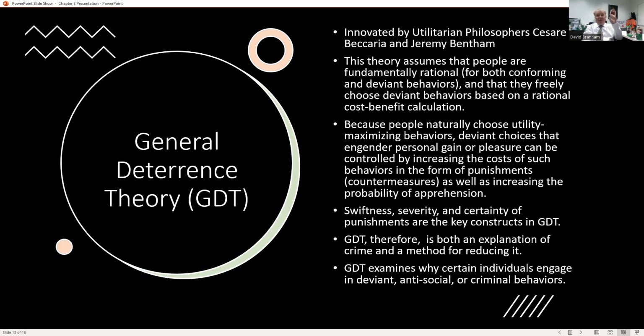And therefore, it is both an explanation of crime and a method for reducing it. If you want to reduce crime, you punish people for doing it, you make it hard to do, you put locks on your doors, you put police everywhere, you put people in jail, you have harsher punishments, and so forth.